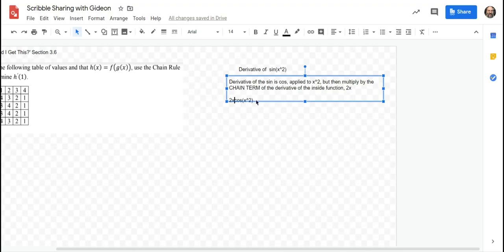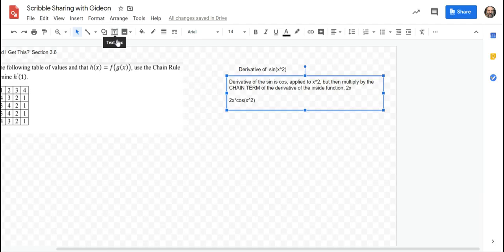It really isn't. So with multiplication, you can put it wherever you want. So there it is. Remember that: derivative of the outside applied to the old inside, but multiply by the chain term of the derivative of the inside.